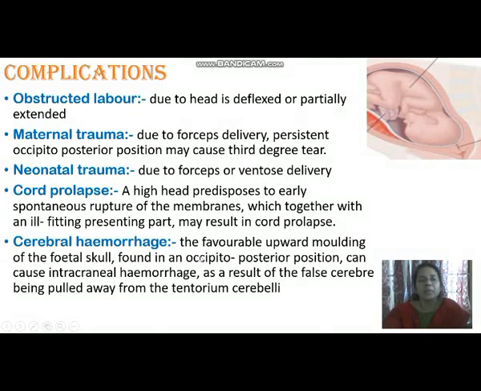Cerebral hemorrhage: the upward molding of the fetal skull found in an occipito-posterior position can cause intracranial hemorrhage as a result of the falx cerebri being pulled away from the tentorium cerebelli. So these are the main complications of occipito-posterior position: obstructed labor, maternal trauma, neonatal trauma, cord prolapse, and cerebral hemorrhage.